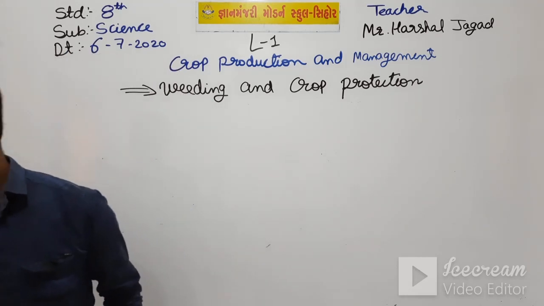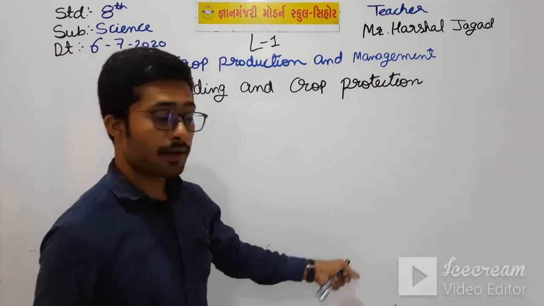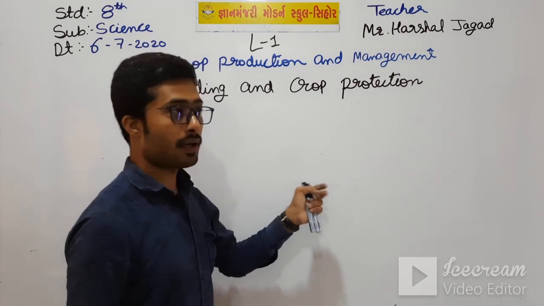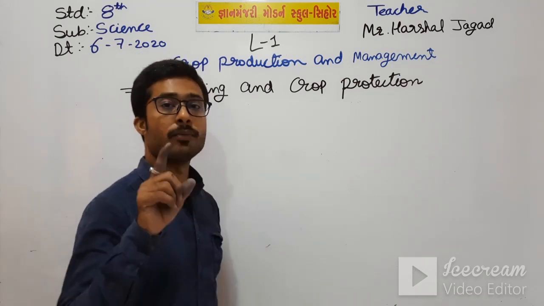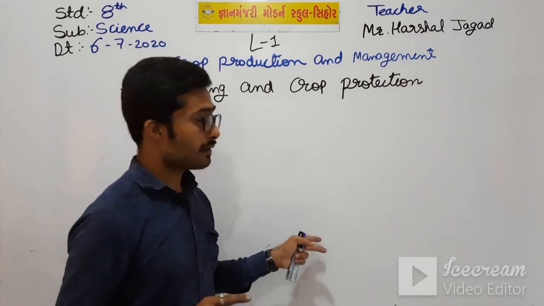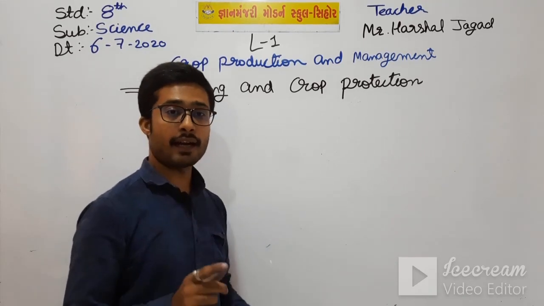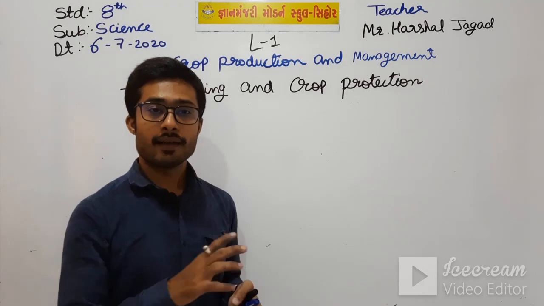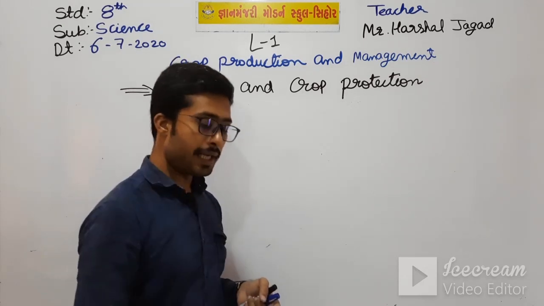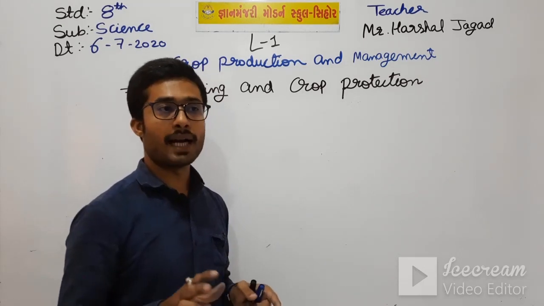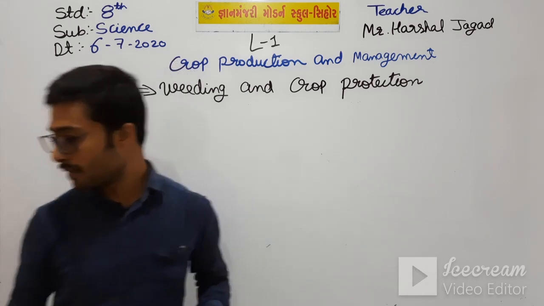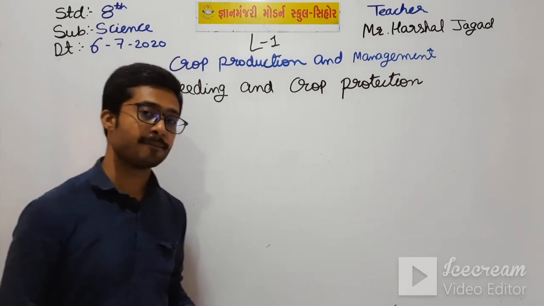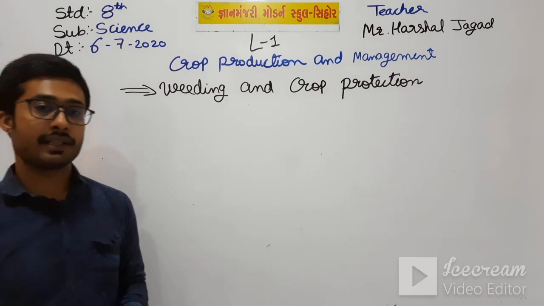Okay students, it means when the crops are ready they are cut and stored at one place. This is known as harvesting. After it the grains are removed from the crops by beating, or by a machine, the thresher machine and winnowing machine.